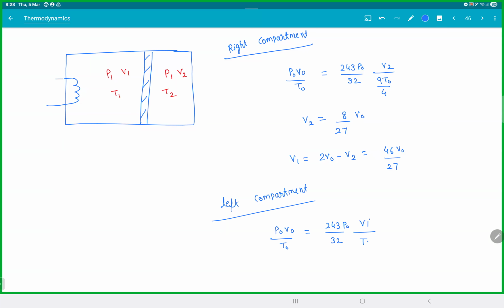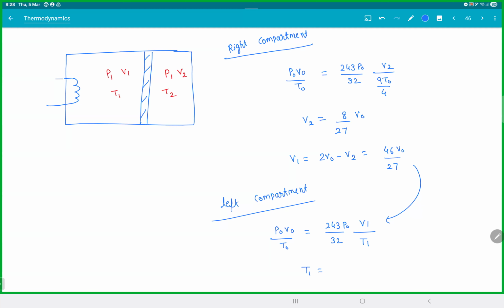So solve this. Take this V1, substitute here. From here, you'll get T1. Got this? I'll leave the working to you. How much is coming, 27 by 2? 3 T naught by 2, 27 by 2. Check it out, whatever it is.